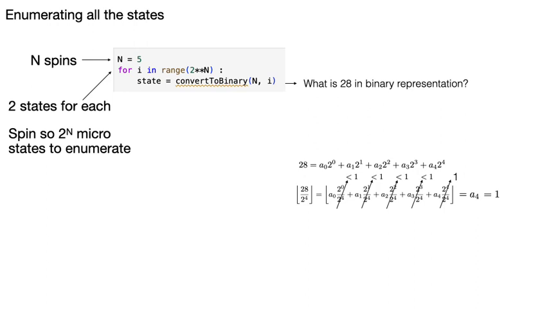Let's now suppose that we subtract A4 times 2 to the 4 from 28. As shown here, we then get the following sum with 4 terms on the left-hand side of the expression. All we have done here is subtracted the A4 times 2 to the 4 from both sides of the original expression.